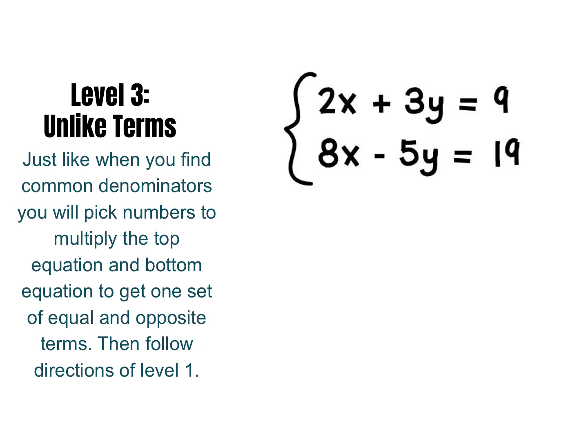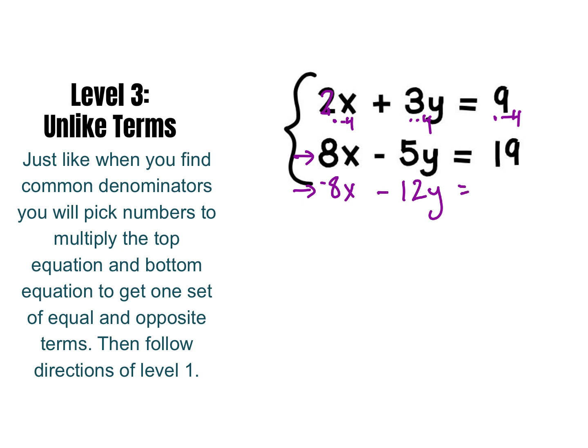All right, so I want to make this 2 into a -8. So to make it into a -8, I'm going to multiply it times -4. I'm going to do that to all of the terms in the equation. I'm going to leave this one and write my new one down below it so that they're on top of each other. So 2 times -4 is -8x. 3 times -4 is -12y.